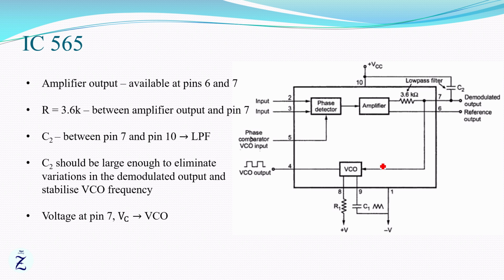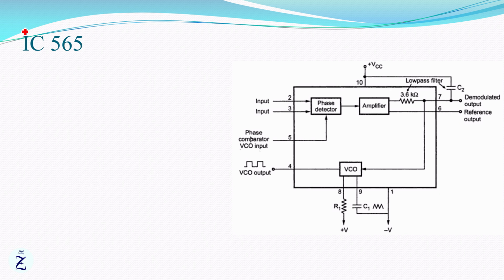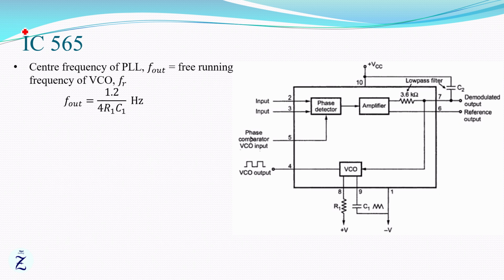At pin 6, a reference voltage nominally equal to the voltage available at pin 7 is available, which allows both differential stages to be biased. The center frequency of the PLL is determined by the free running frequency of the VCO, which is equal to 1.2 divided by 4 R1 C1, where R1 and C1 are external resistor and capacitor connected to pin 8 and 9 respectively.